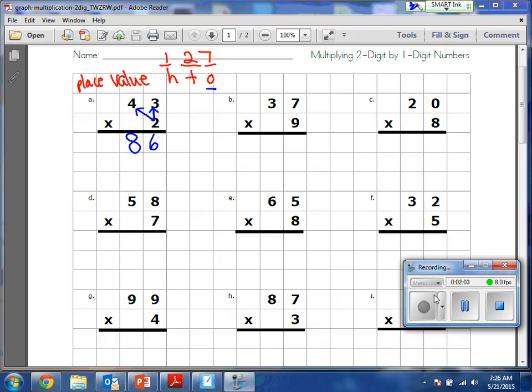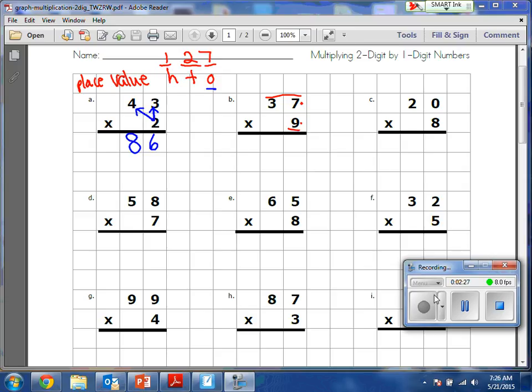All right, now let's go on to something a little bit more complicated. We have 37 times 9. Remember, the first one we want to do is we want to multiply those ones places together. So let's take a look at 7 times 9, because we're multiplying the ones place by the ones place.